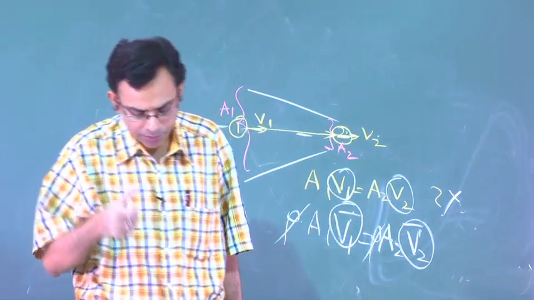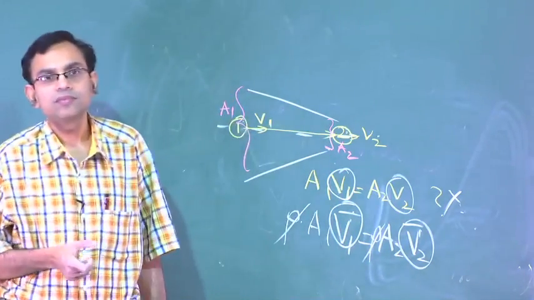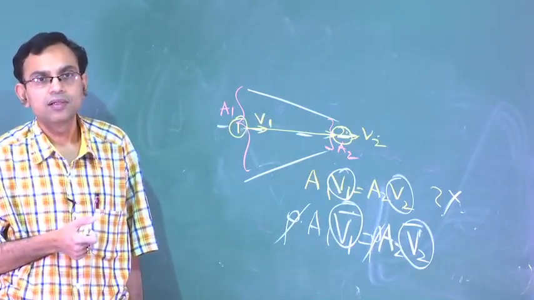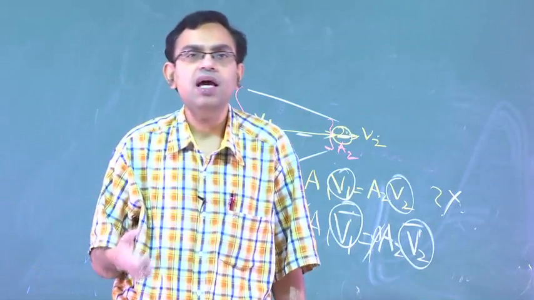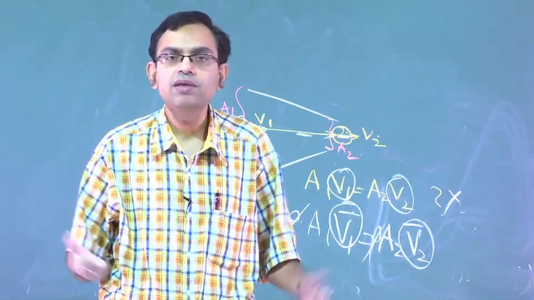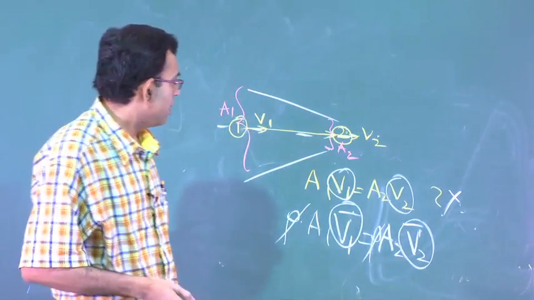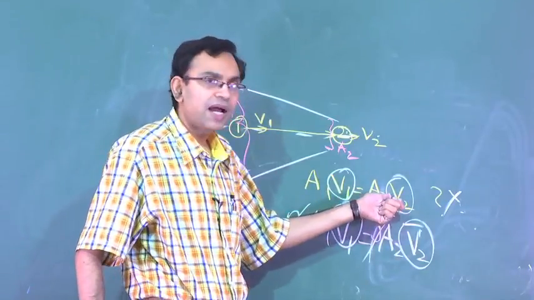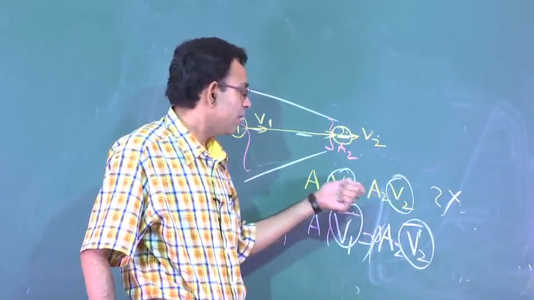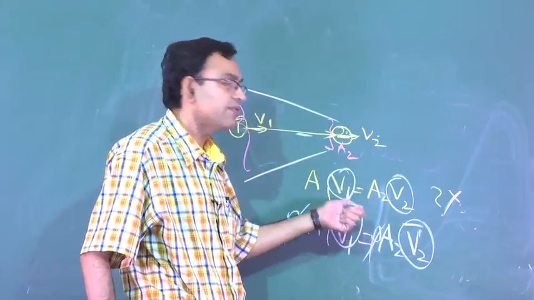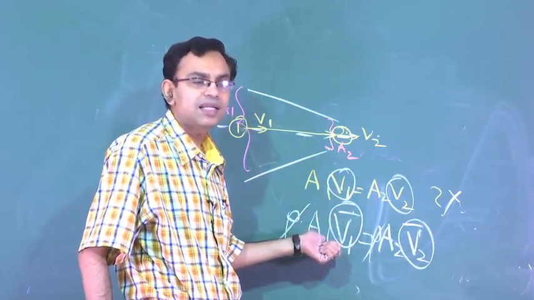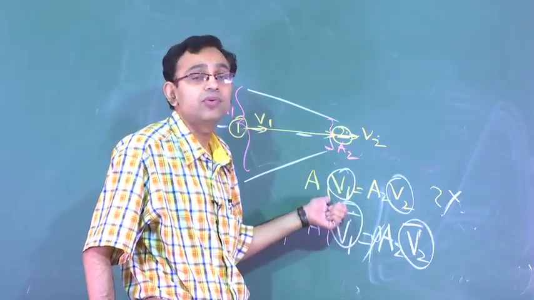So, if the velocity profile tends to get uniform, then what happens? Then the local velocity and average velocity are not any way different. So, this can be used provided that the velocity at point 1 is roughly the same as the average velocity over the section 1, and that is there if the velocity profile is uniform.